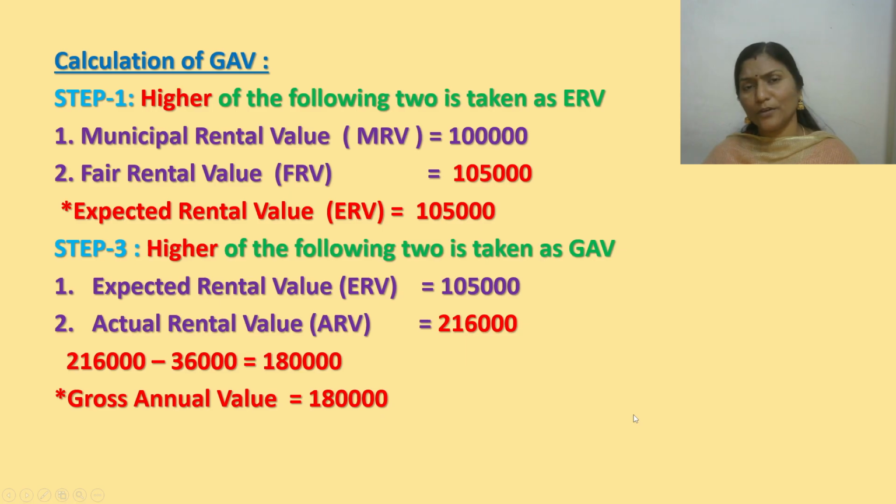But step 3 is very important here, because the house is vacant for 2 months. In step 3, first take both for the full 1 year and then select the highest one, and from the selected one you have to deduct vacant rent. For however many months the house is vacant, that many months' rent you should deduct. Then whatever you get is known as gross annual value. Hope this is clear, students.